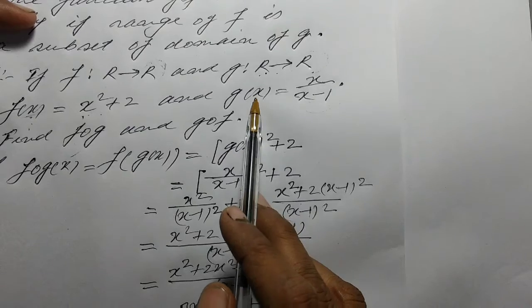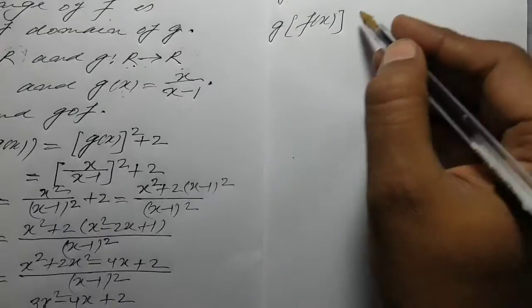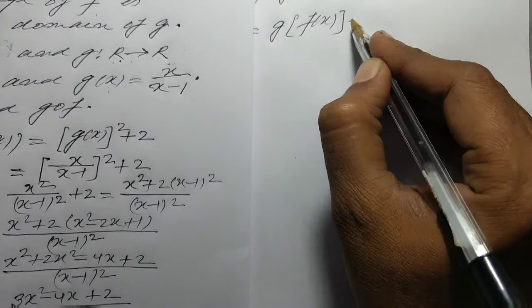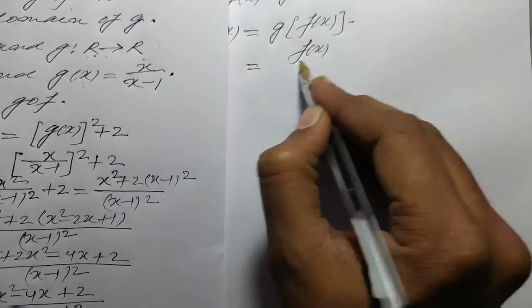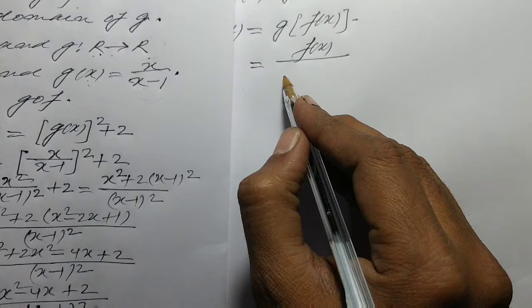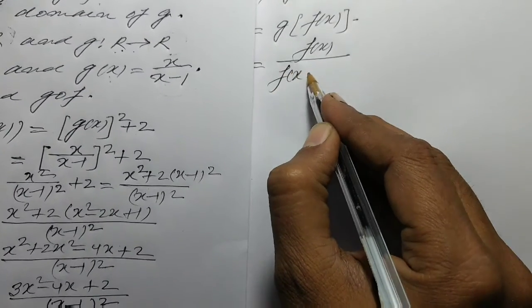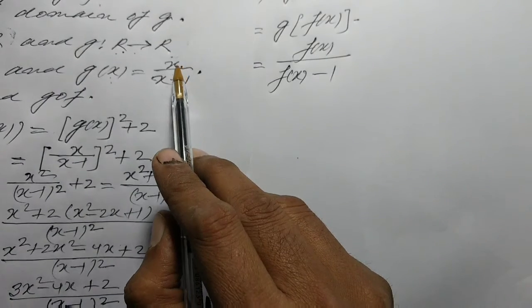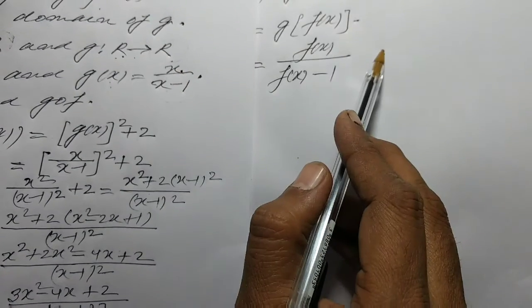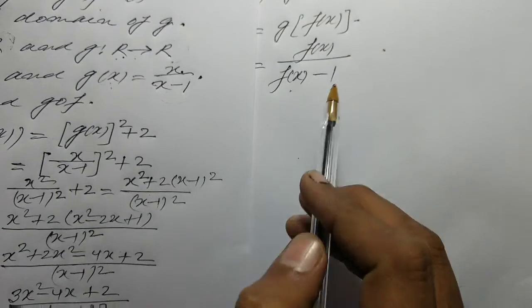So we have to replace x by f(x) here, and we get f(x) upon f(x) minus 1.